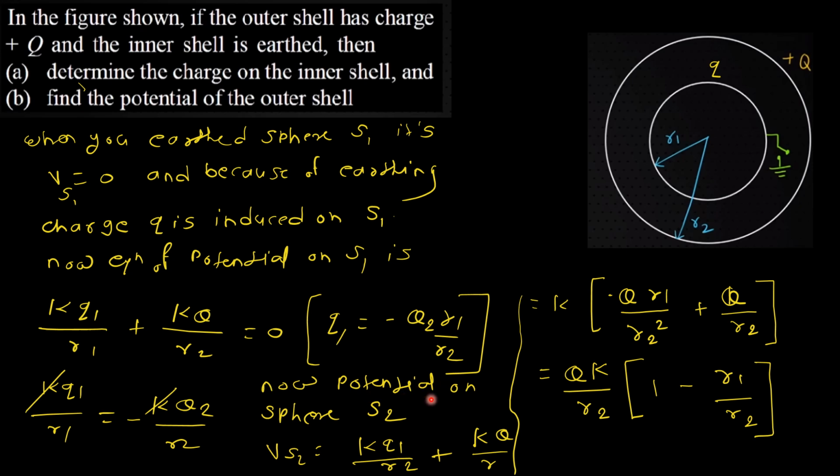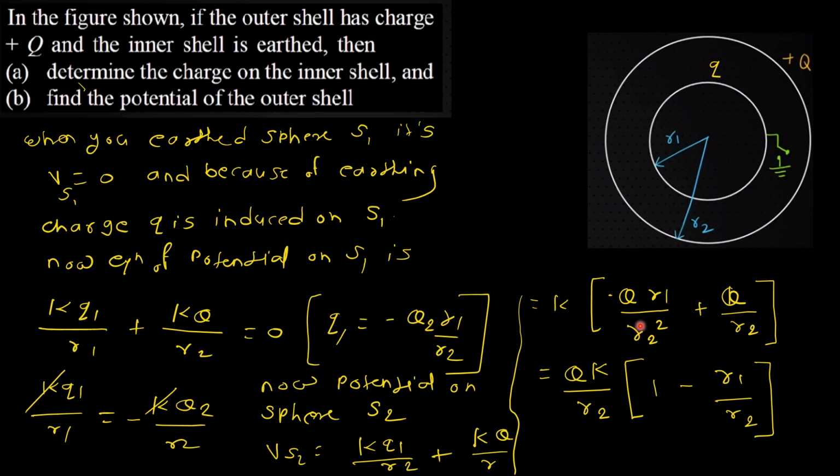Now the potential on sphere S2 we can write as kq1/r2 + kq2/r2. Here we can write q1 = -q2 r1/r2, so r2 is there, r2 is there, it becomes r2² plus Q/r2.